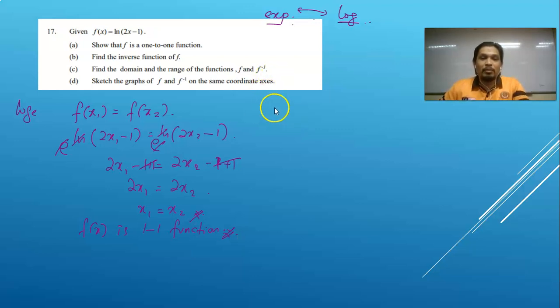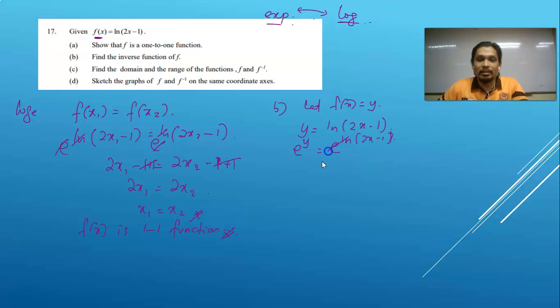Find the inverse of the function f(x). To find the inverse of the function, let's change f(x) into y. So y equal to natural log of 2x minus 1. Just like the process before, we make e power of y equal to e power of natural log of 2x minus 1.